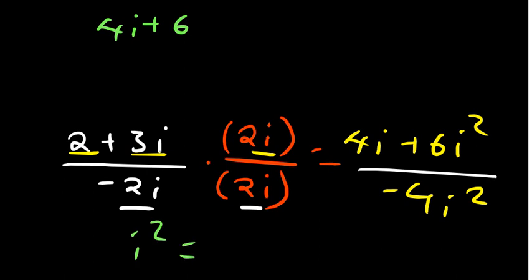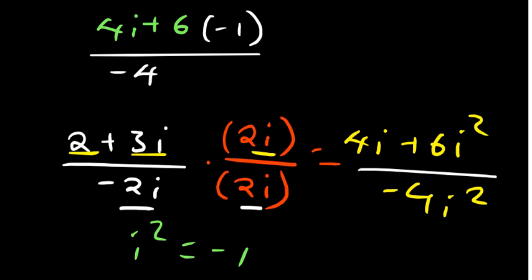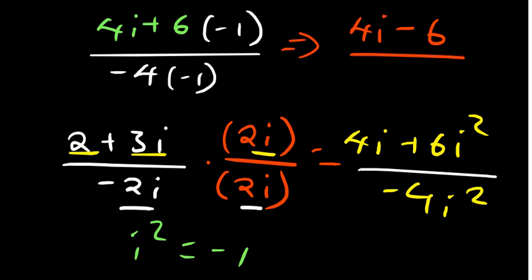Ruth, what did you say? Okay, I'll put a negative 1. Then the denominator part we have negative 4i squared, so put a negative 1 again. This is basically going to be equal to 4i minus 6 over 4. Do we agree?